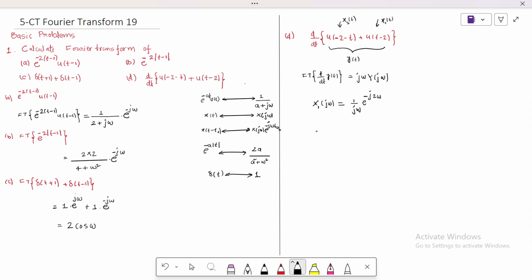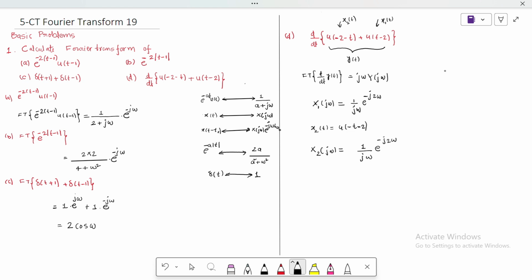Next X2. Here I am writing X2 of t as u of minus t minus 2. So this is shifting and time reversal. First of all, directly X2 of j omega equals 1 by j omega into, next, the shifting property, e power minus j into 2 omega.